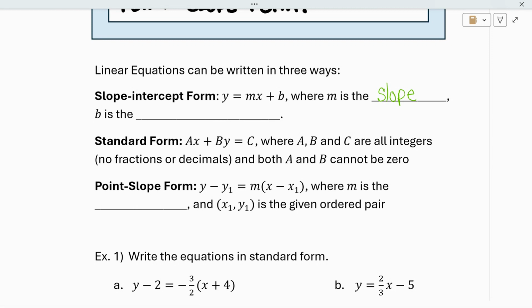Good morning, sir. How are you doing? How can I find the slope if I'm given two ordered pairs? I would look in my journal. You guys did that. That's the equation, y equals mx plus b, that's slope-intercept form. I'm trying to just find slope from two ordered pairs.